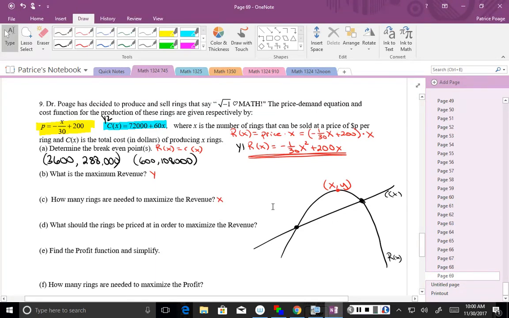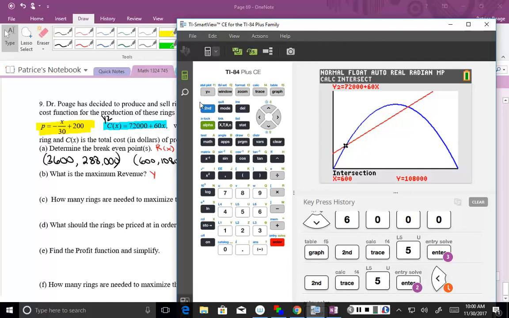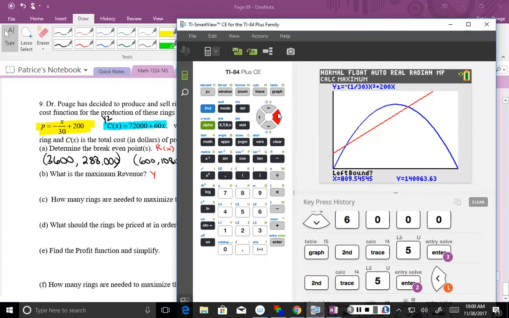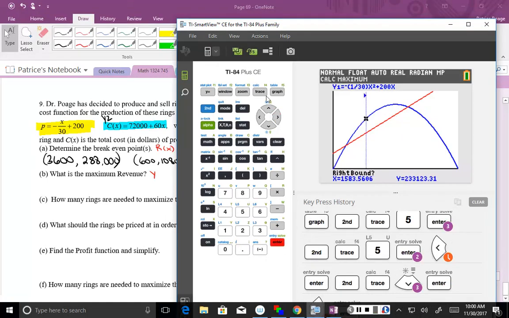So finding that maximum on my calculator, I'm going to go to second trace, number 4. Left bound, I'm already on the left side of it, so I'll hit enter. Right bound, I'm going to move to the right side and hit enter and guess.